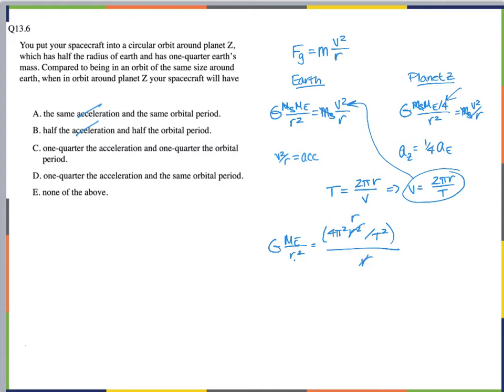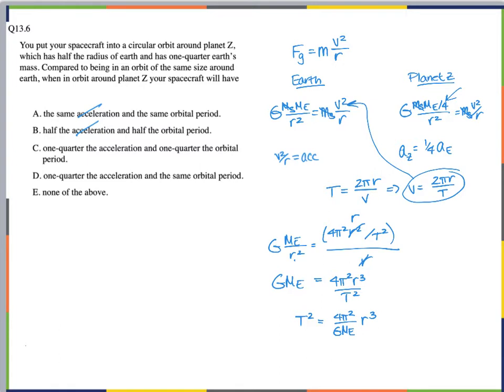We can just make this an r, and so we get G M_E equal to 4 pi squared r cubed over t squared, and let's rearrange as t squared equals 4 pi squared over G M_E times r cubed. This is a relationship we're going to take a look at later with Kepler's third law.